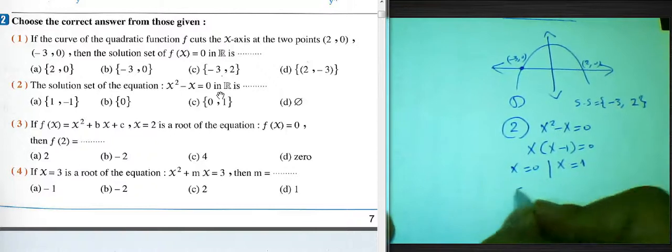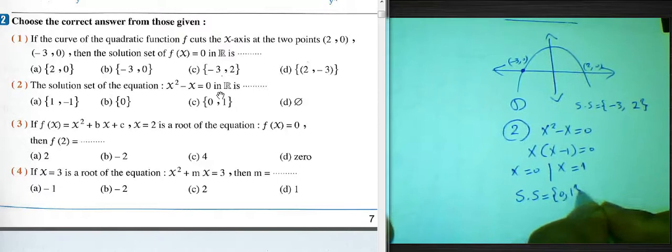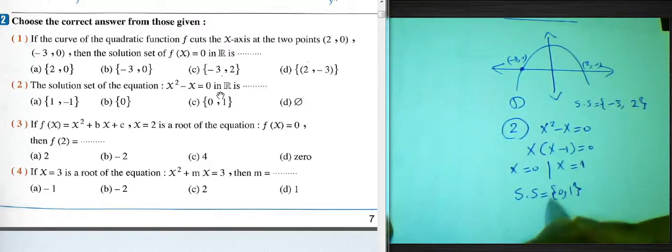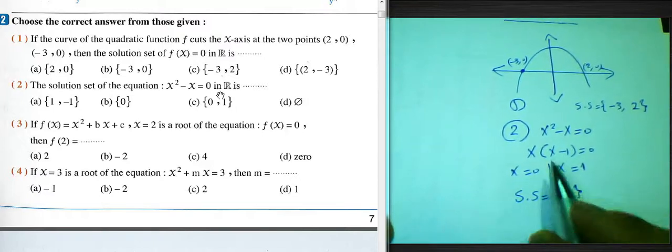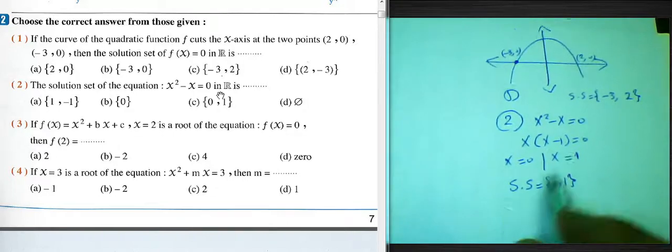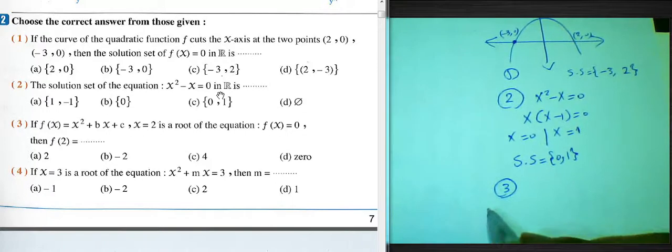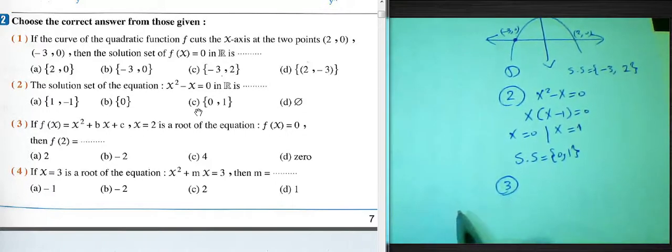So the solution set equals {0, 1}. Question 3, we will choose letter C. And for question number 1, we will choose -3 and 2, letter C.